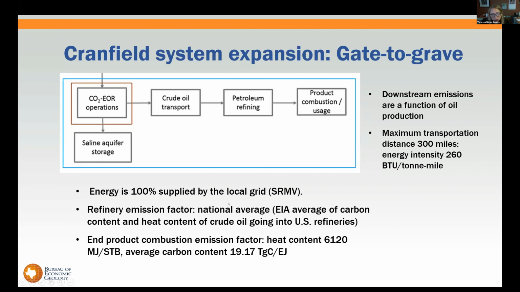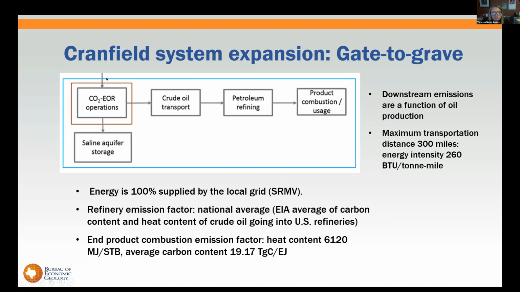Cranfield is in Mississippi, so the grid is this one, SRMB. We assumed a refinery emission factor, which is a national average, and an end product combustion emission factor, which you can see here. Downstream emissions are a function of oil production, right?